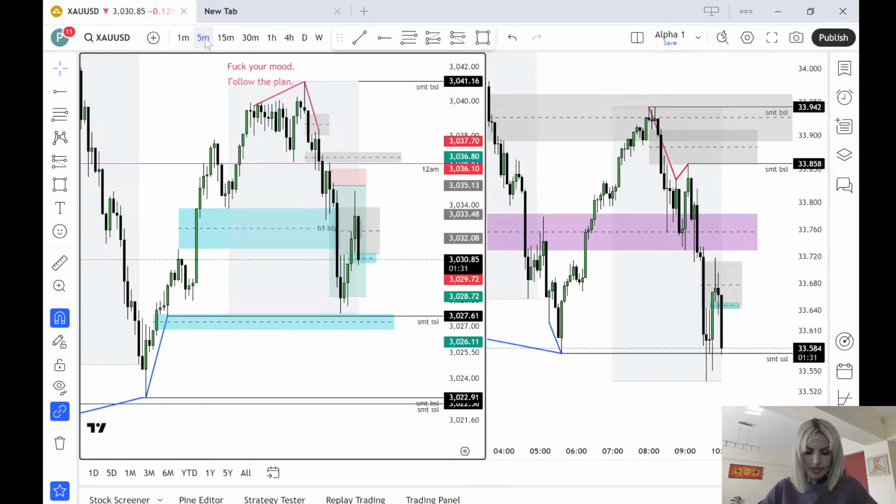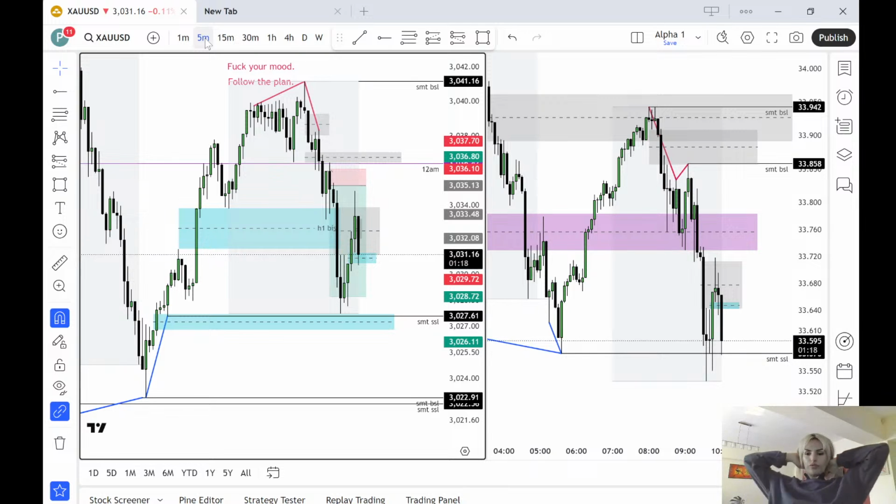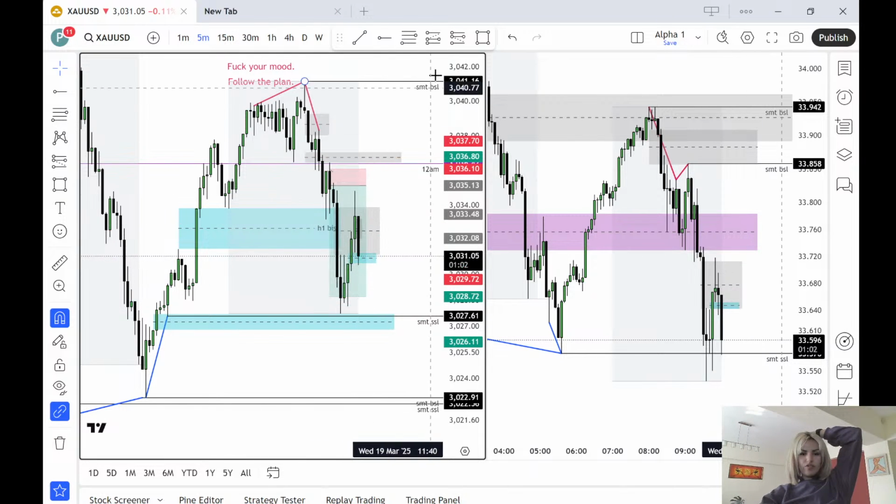Okay, so what do you guys think? Is this thing going to continue to go lower? You can put an S from sell in the chat if you believe that this is going to eventually go lower. Or you can put a B in the chat, as in buy, if you think that eventually this thing is just going to find support in this 5-minute BISI and then it's just going to shoot higher.